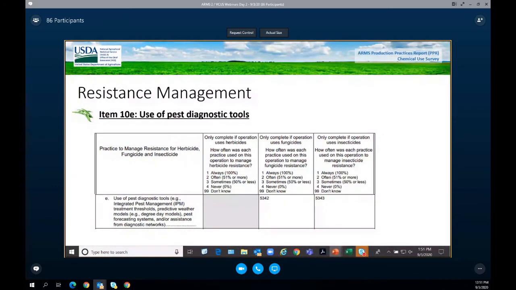Whereas with fungicides and insecticides, like for fungicides, you may have a weather model that says, okay, after so many wetting hours, you need to cover up to protect from this disease. Or for insects, if you have so many degree days after the first moth capture, you know that that's when the flight's going to be starting and the pest is going to be laying eggs, and that's your application window. Really important IPM practice. So curious what sort of adoption they're doing.